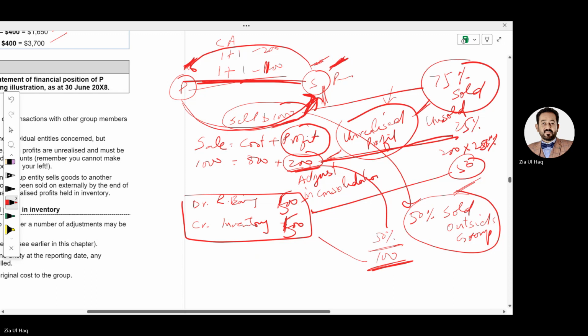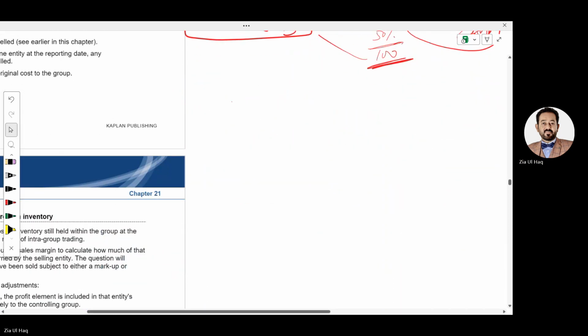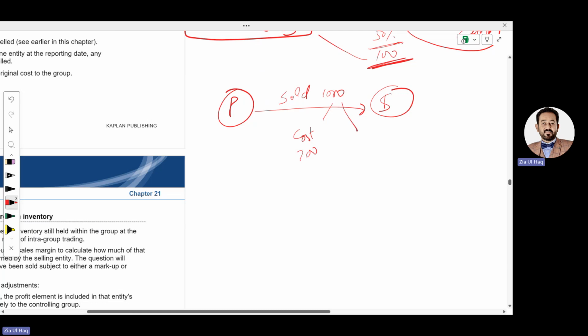I'm explaining again. If the parent company sold 1000 of goods to the subsidiary company, and in that 1000 the cost is say 700 and profit is say 300, this profit is unrealized and should be eliminated at the time of consolidation.